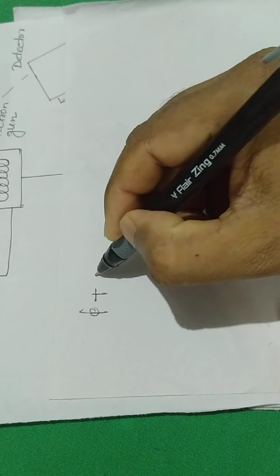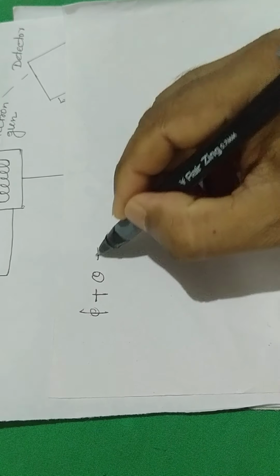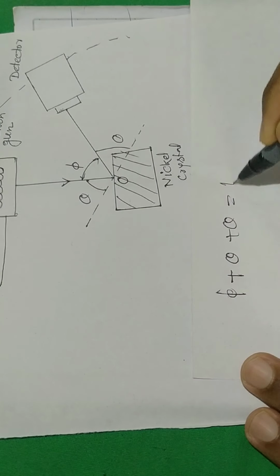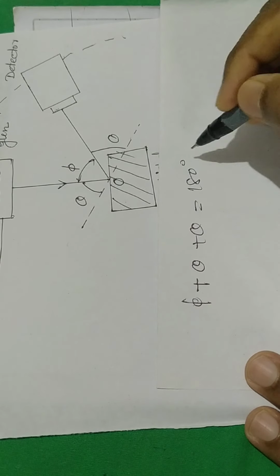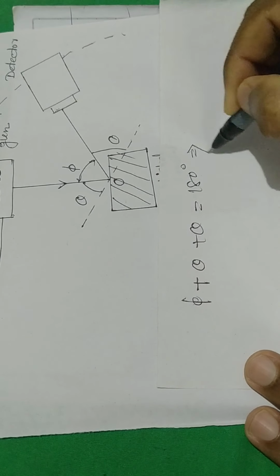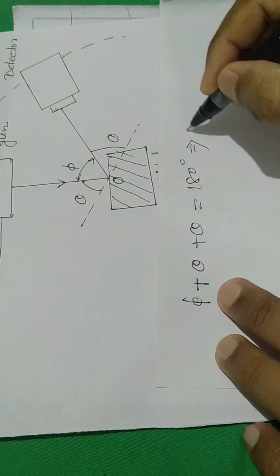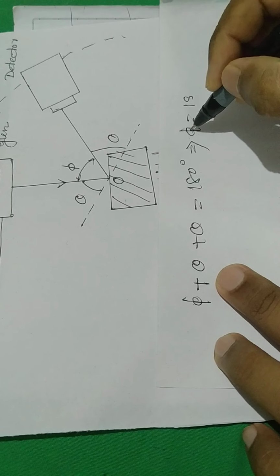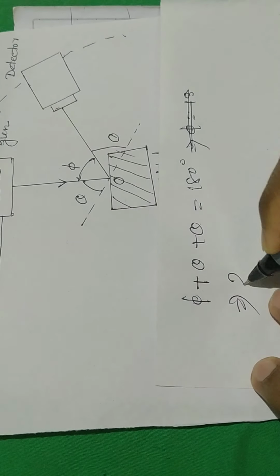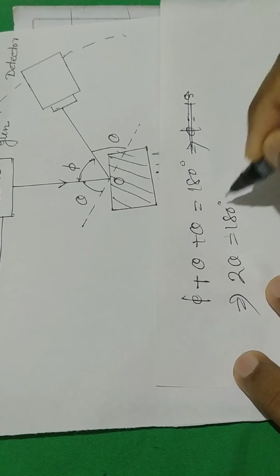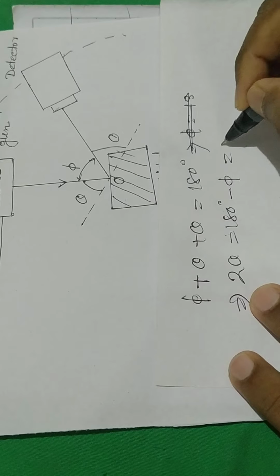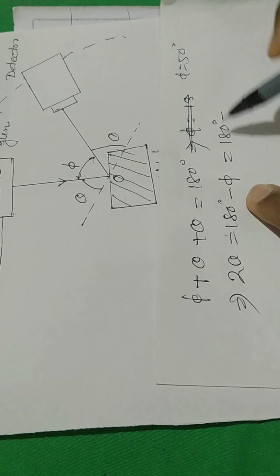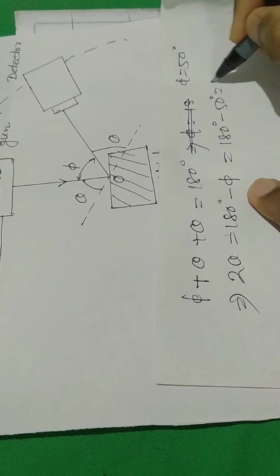Phi plus theta plus theta, that is 2 theta and 1 phi, equals 180 degrees. Then 2 theta equals 180 degrees minus phi. Here phi is 50 degrees, so 2 theta is 130 degrees.